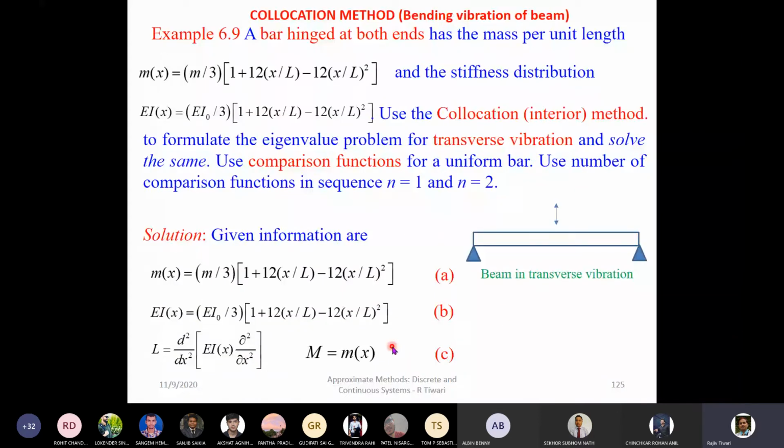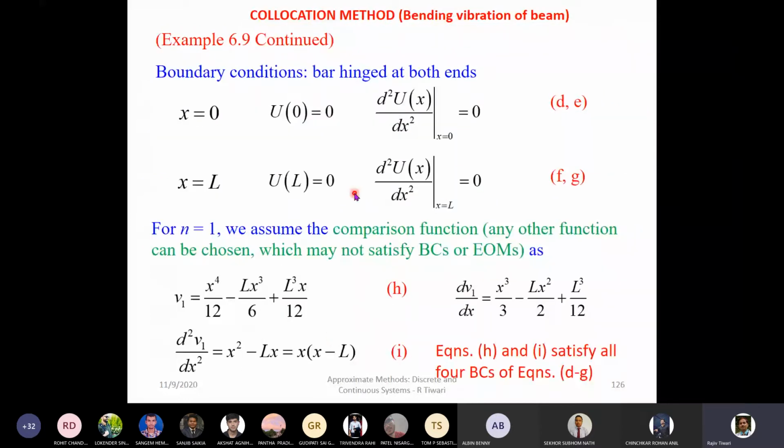I will take up the same example for illustration of this particular method. So here we are using the same beam, same variation, collocation method, for transverse vibration. The boundary conditions we know. For comparison purposes, I am choosing the same function as I chose earlier.